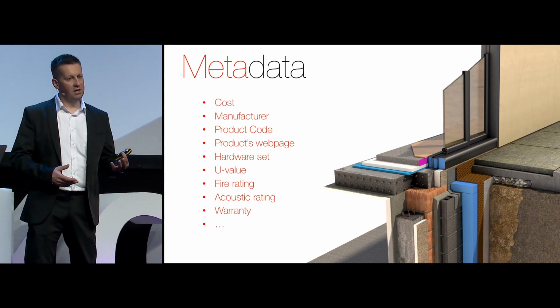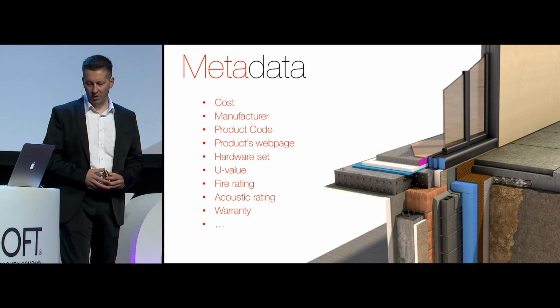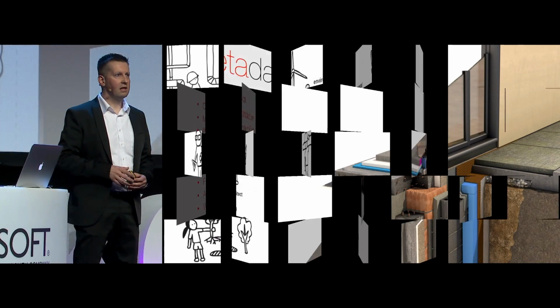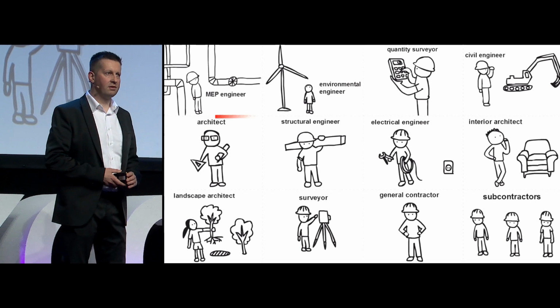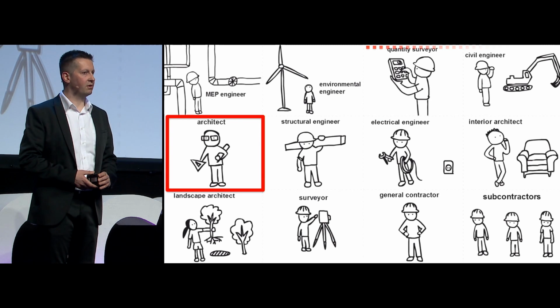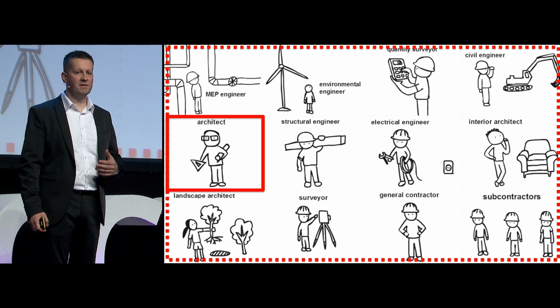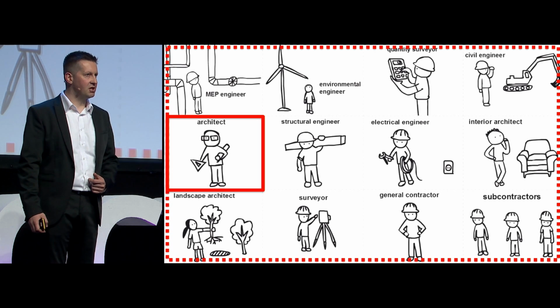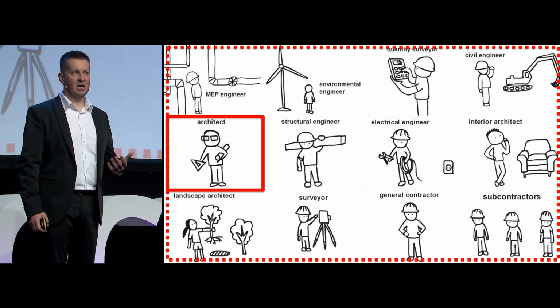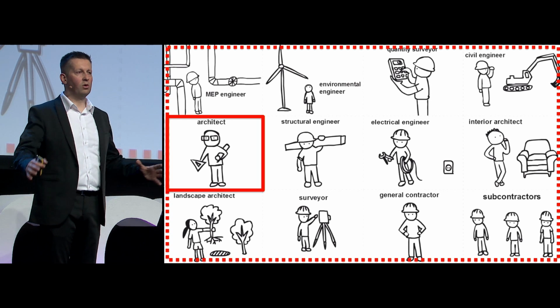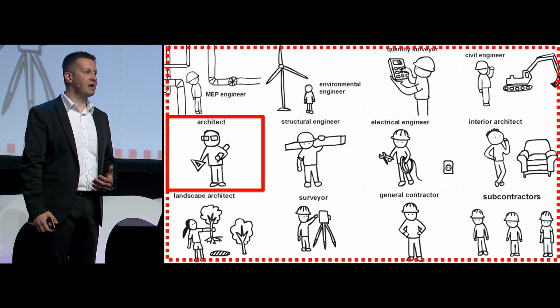And challenge number three, maybe, is that all this information is not maintained by one single person. Rather, it's coming from different sources, even maintained in different applications. So our challenge here is to put all these things together into the BIM, because BIM's primary purpose is to hold information and coordinate.